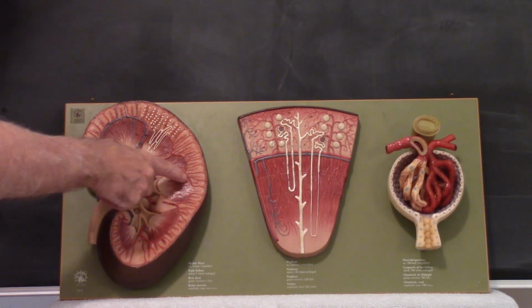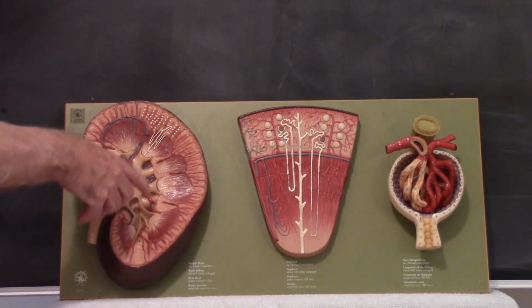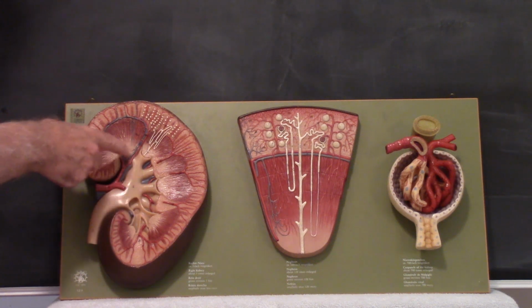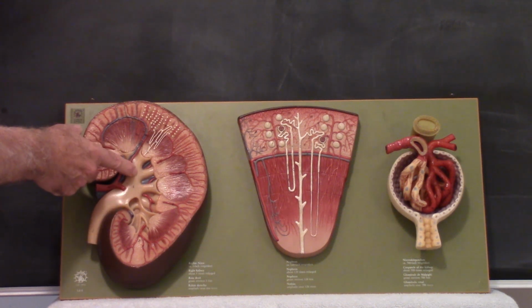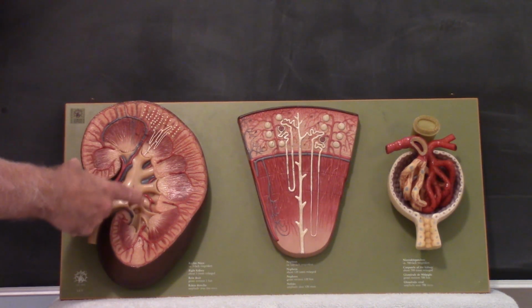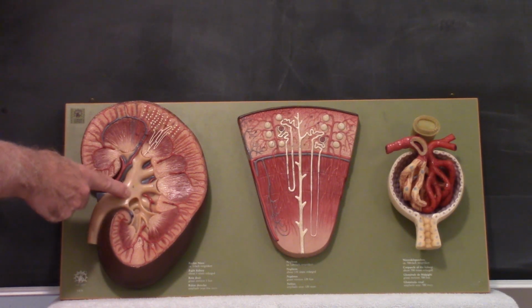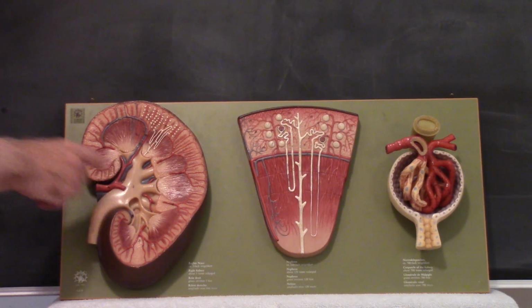The papilla of each renal pyramid juts into a minor calyx, and then several minor calyces merge to form what's called a major calyx. And the major calyces join together right here, just inside the kidney, to form what's known as the renal pelvis.